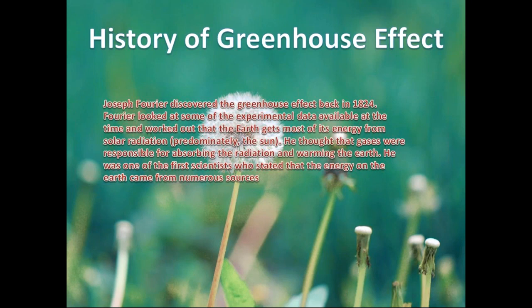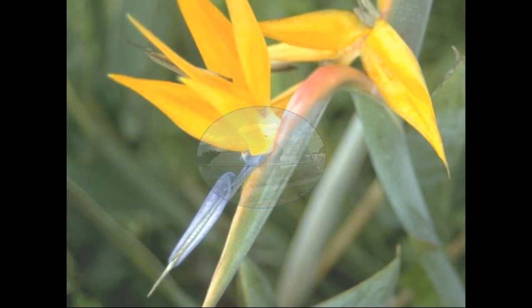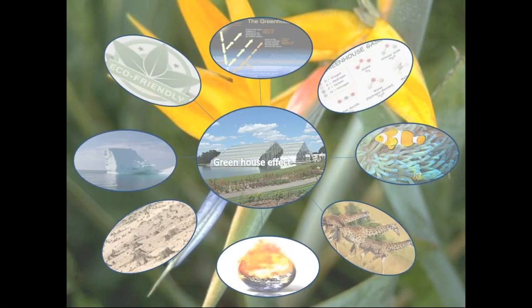So he was the one that actually quantified the amount of these greenhouse gases in the atmosphere, which helped us identify the negative effect of this greenhouse effect. So that's a little history about the greenhouse effect and how it came about. All right, so let's proceed.